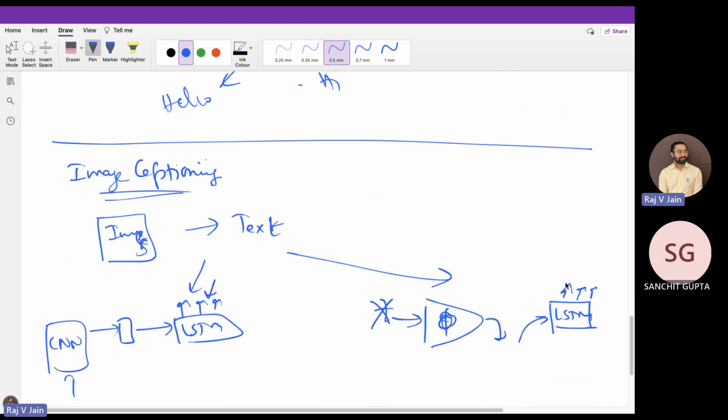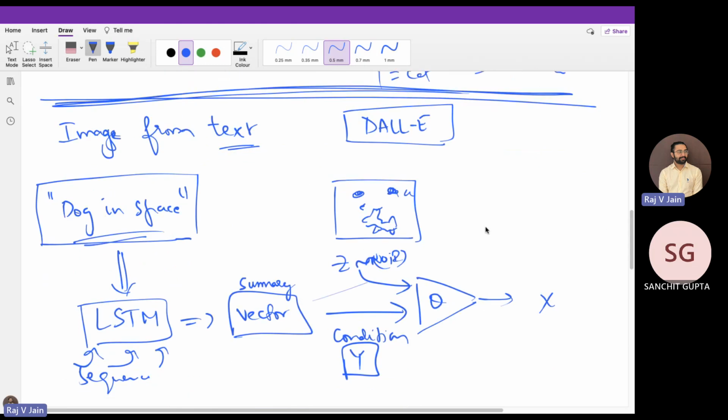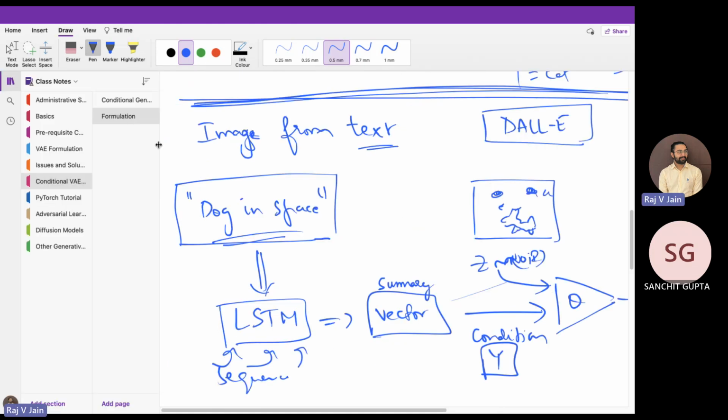So inverting this problem is a big challenge, and that's where these things helped in some sense. Okay, so this is the complete theory on VAEs. We're done with the theory that I wanted to do.